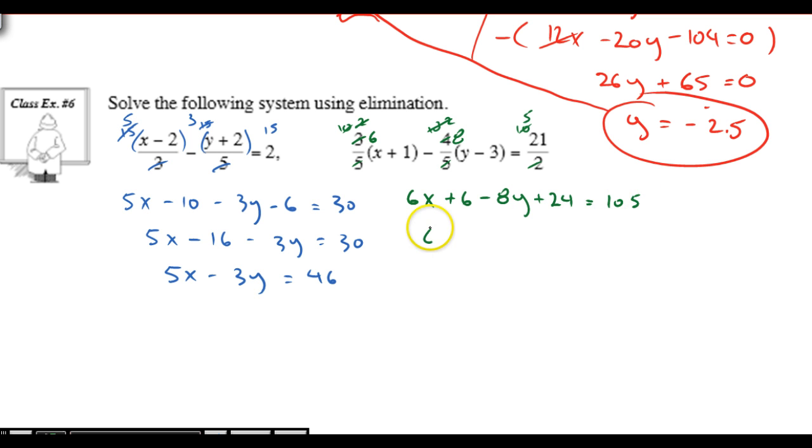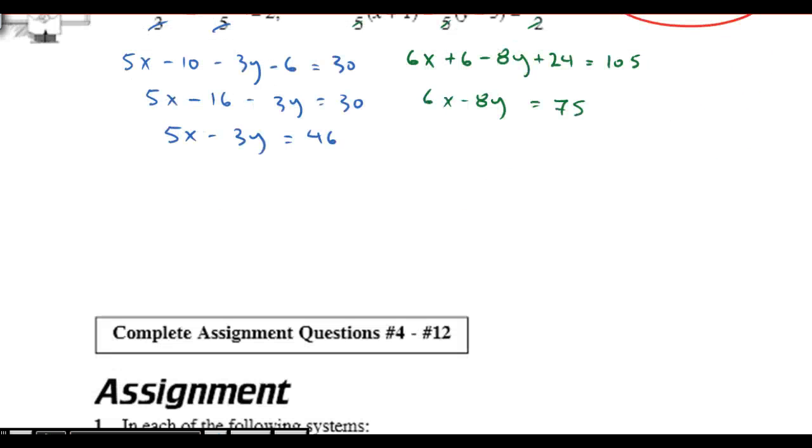And then finally 6x minus 8y. That's going to be 30. 6 plus 24, and subtract 30 from 105, it's going to be 75. And then finally now I can line them up. I'll bring this one over, so 6x minus 8y equals 75. There's my first equation. There's my second equation after all that work.